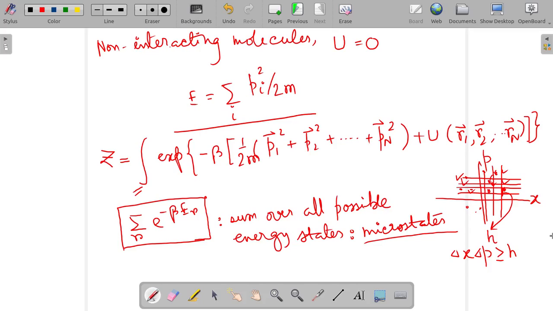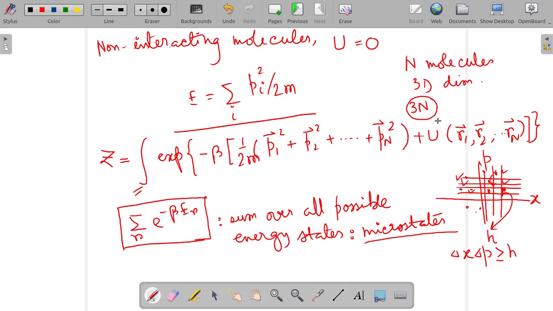Clear? So here we have n molecules in 3 dimension. So the degrees of freedom is obviously 3n.